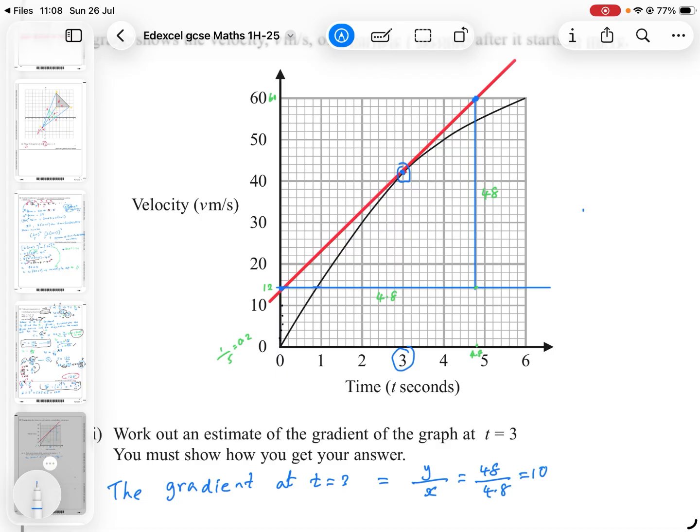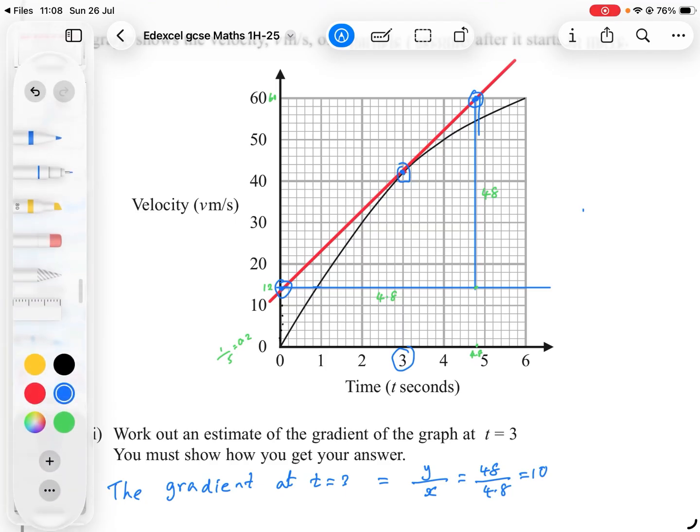Then you mark 2 points on the tangent, this and this. Then you have to draw the triangle. So say for instance triangle ABC, this point A, this point B, this point C.